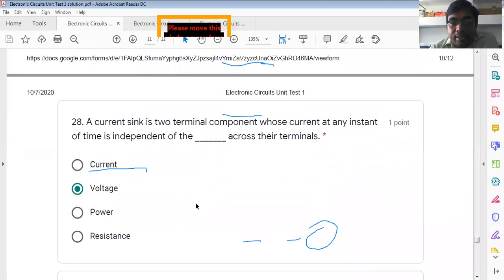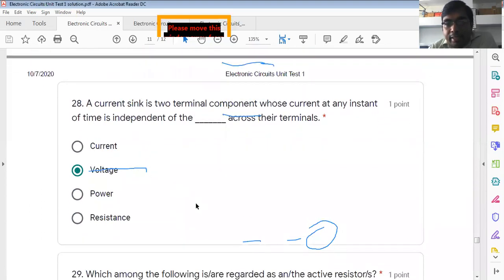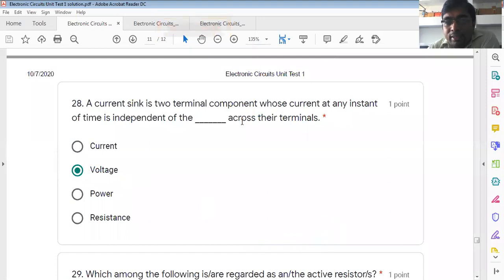Now come to the 28th question. A current sink is a two terminal component whose current at any instant of time is independent of what across its terminals? The correct option is voltage. This is the first statement we have seen in the chapter.